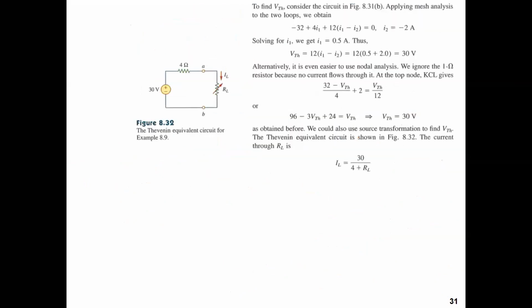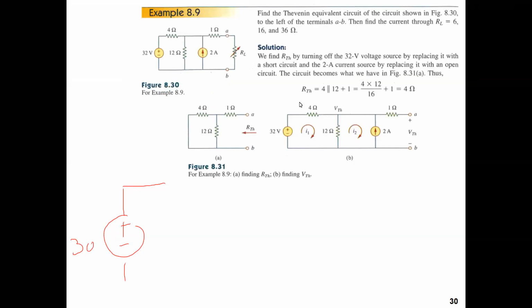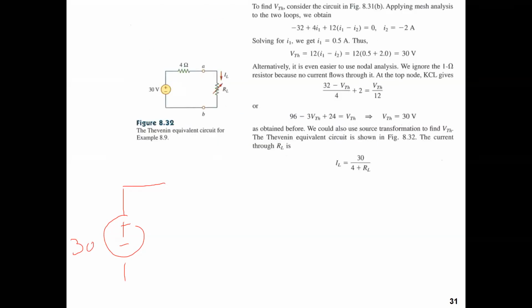So again, let's go and build a circuit for VTH. I said VTH is 30, and what is RTH? Let's go back. RTH is 4 ohms, and then we put RL.